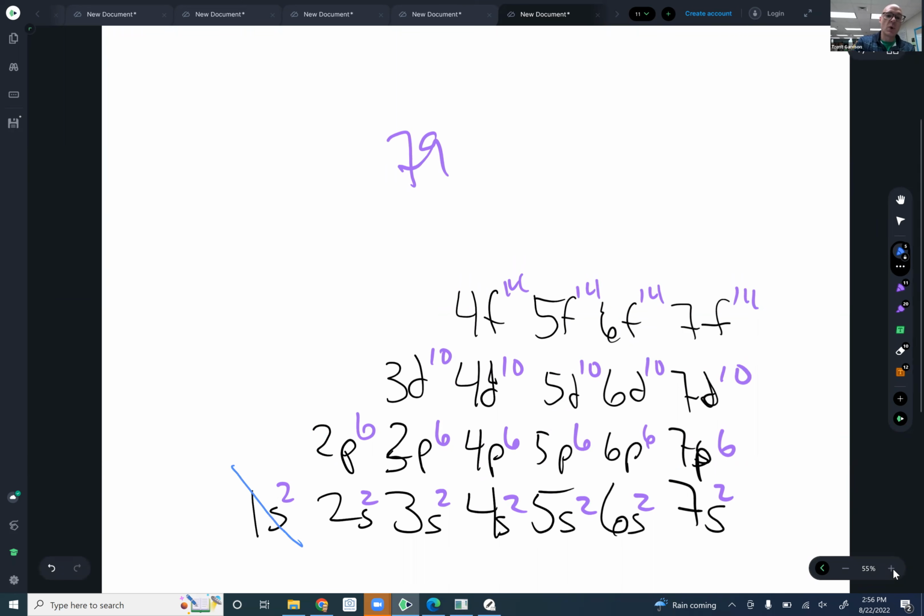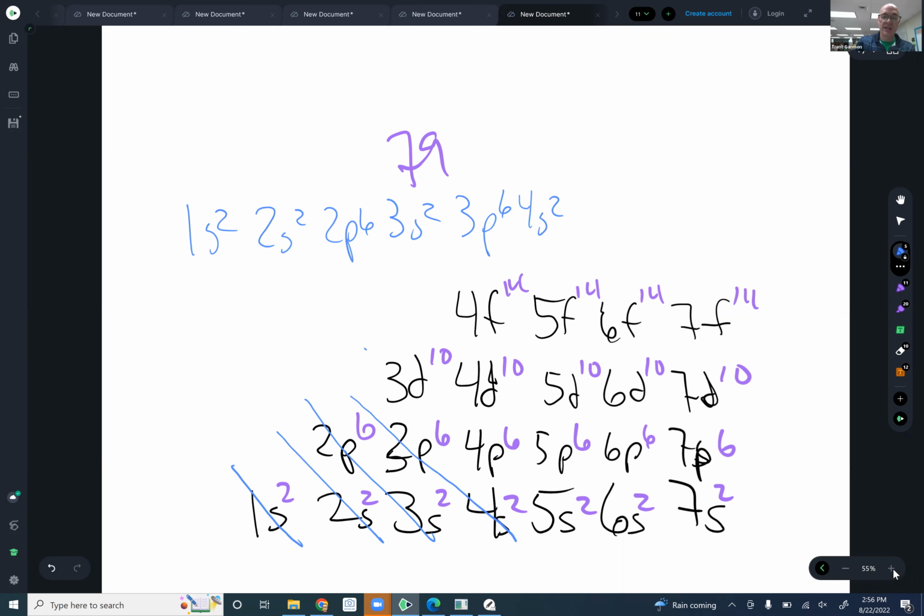I got 1s2. I go diagonally, 2s2. I go diagonally next, 2p6, 3s2. I go diagonally through the next line, 3p6, 4s2. I go diagonally through the next, 3d10, 4p6, 5s2. Let me see where I'm heading to. I go to the next one.